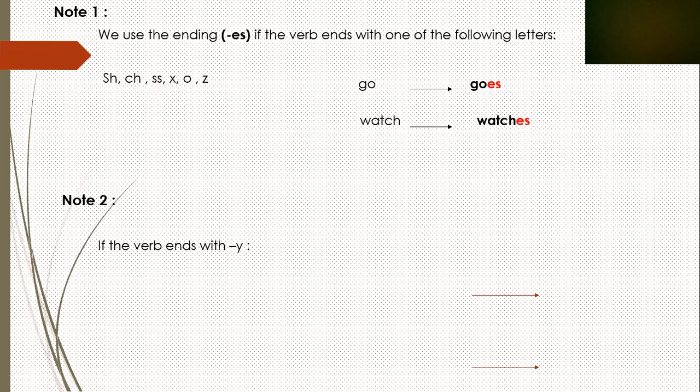The second note: if the verb ends with Y, here we have two cases. The first one, if the Y was preceded by a vowel, one of A, E, I, O, or U, we only add S. So we keep the Y and we add S. Let's see this example: play.